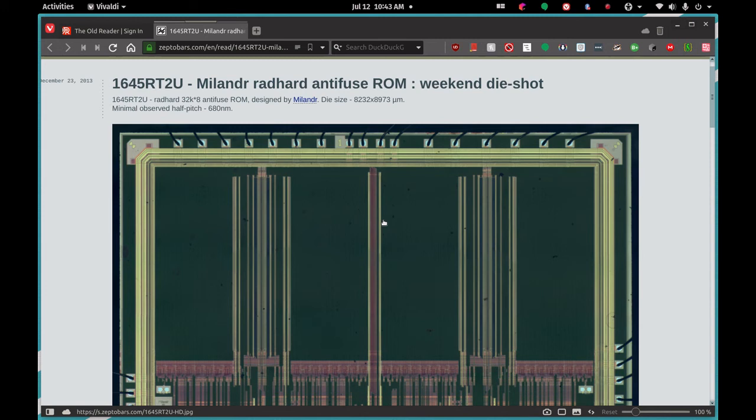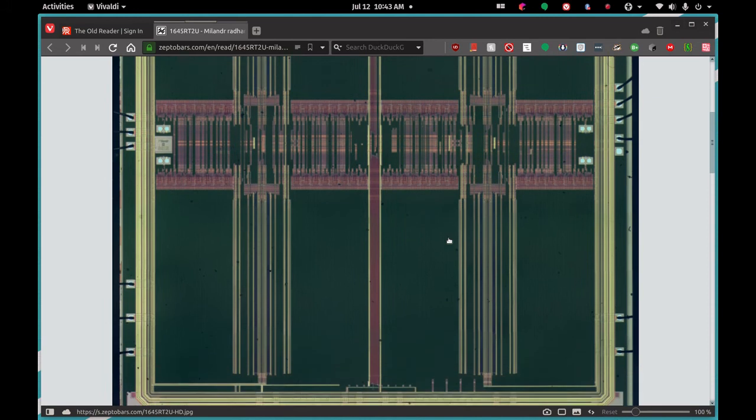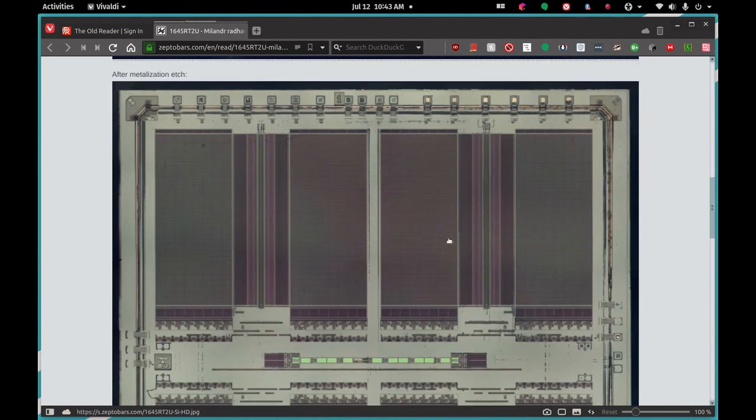So instead of burning out and opening the circuit, it closes a circuit. This is a blank chip right here, and these green bars are where the data is actually going to be written. And here's the chip after it's been programmed.